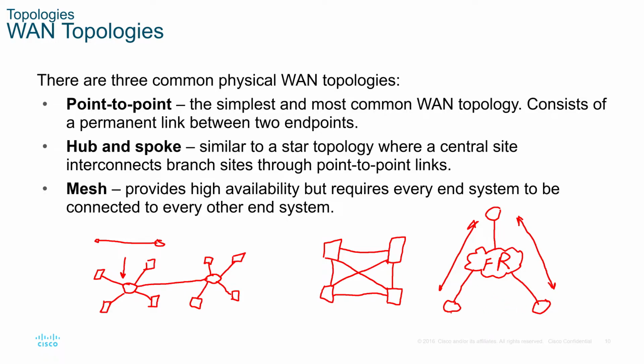So to connect from this host, which I will just label as A, to this host, which I will label as B, we would first have to go up through this other router and then down.